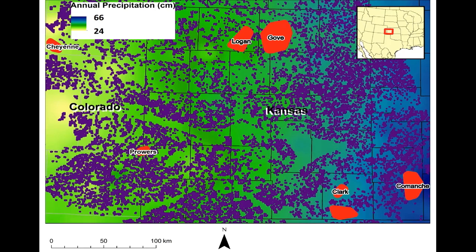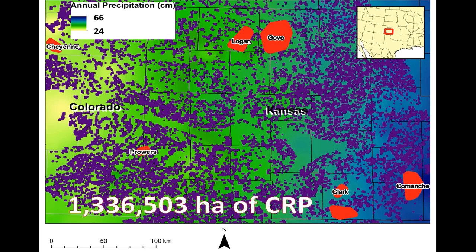And shown here is actually all of the CRP fields in this area. We buffered them by 1 mile to protect landowner identity. But what I want to illustrate here is that this is a lot of CRP on the landscape, and it's also uniformly distributed throughout this entire area, which allows us to answer this question and pursue it.